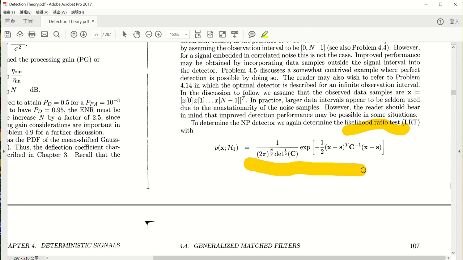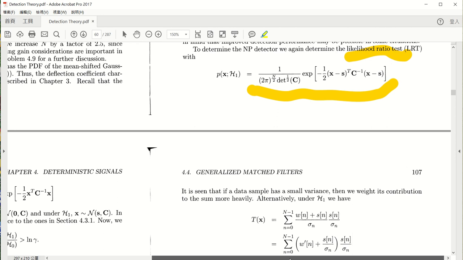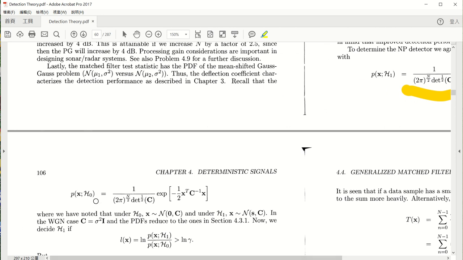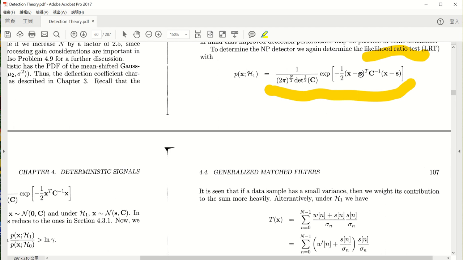the multivariate Gaussian. Recall multivariate Gaussian. That's a multivariate Gaussian PDF. And then, as you can imagine, it has this s as the mean, so there is an x minus s here.